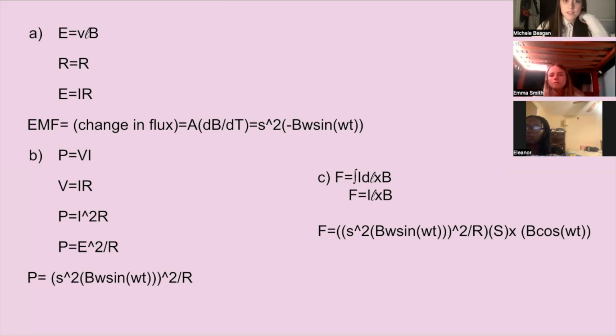So we have the area, which is S squared, which is the side length, obviously because it's a square. And then you have negative B omega sine omega t, because you're going to integrate your magnetic field.